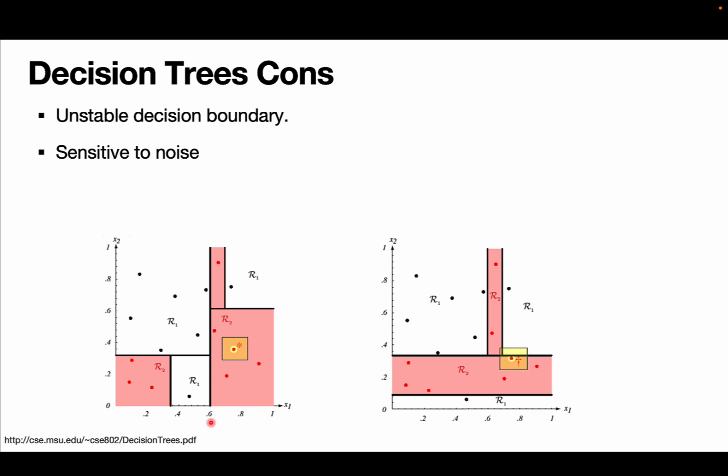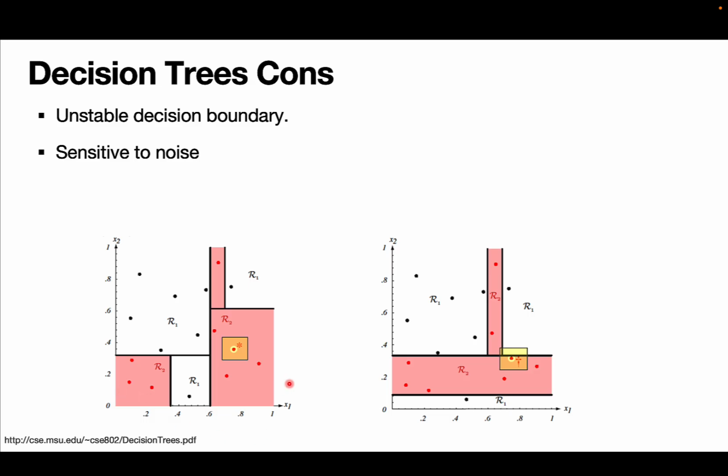It seems that the decision tree first split the space based on the value 0.6, then subsequent splits managed to classify the data into region 1 and region 2. So region 1, the black data points, and region 2, the red data points. And everything looks very great so far.